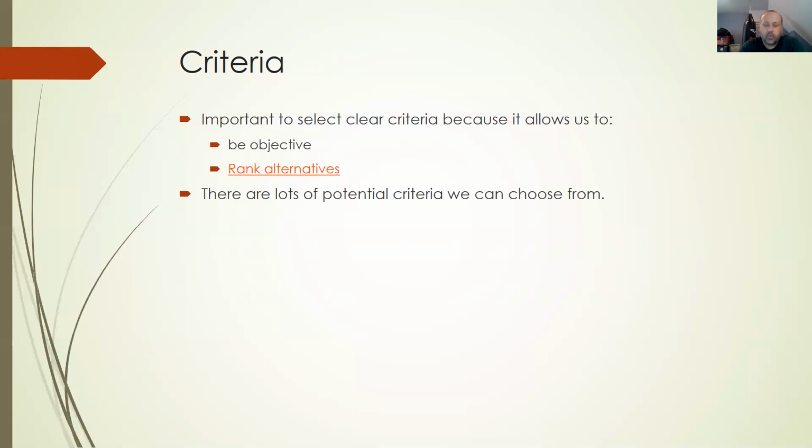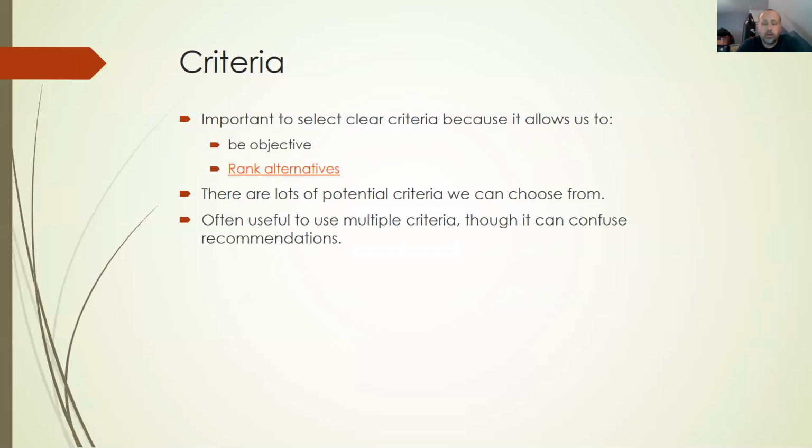There are lots of different ones, okay, that you can choose. I'm going to talk about some of the more common ones. But this is somewhere where you can get a little creative. There is a certain art to policy analysis that it would be good for people to explore.